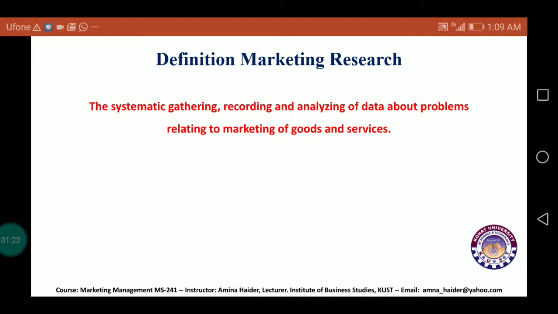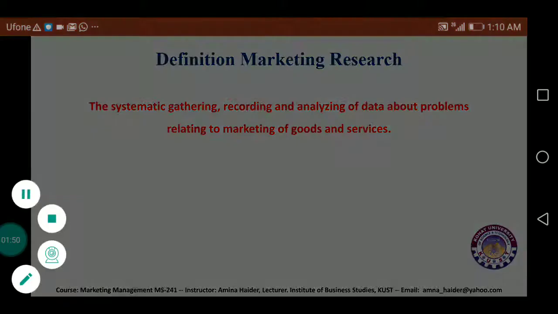When we use the word systematic, it means that you don't do things randomly, but it has a certain series of steps to follow. For example, it includes collecting of data, organizing of data, and analyzing of information to increase understanding of a topic.